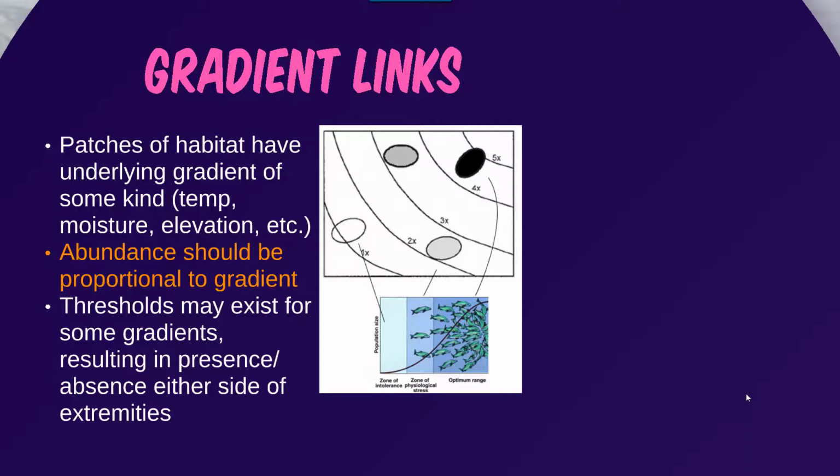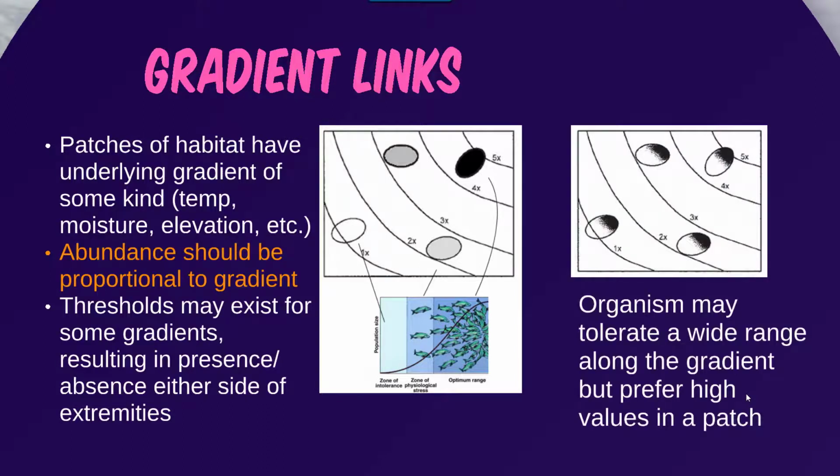So gradients and tolerances are really important to understand in order to better predict or better assess how habitat selection occurs in a species. An organism may also tolerate a wide range along the gradient, but it might also prefer high values in a patch.